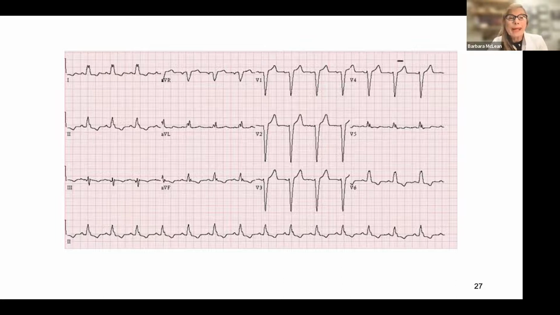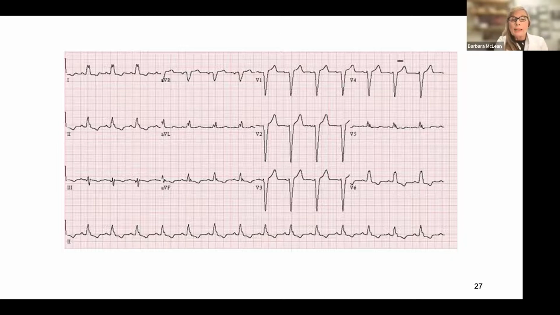And then when I look at my V leads, I see it's downwards in 1, downwards in 2, primarily downwards in 3, primarily downwards in 4, and it finally becomes upright in V5, which means that is a late zone of transition. And when I look at V6, I see that my ventricular depolarization here, in this case it's an R, is wide, and I have a discordant T wave.